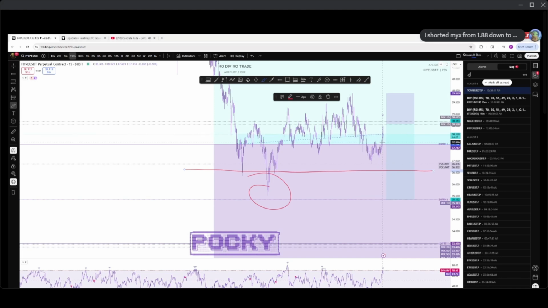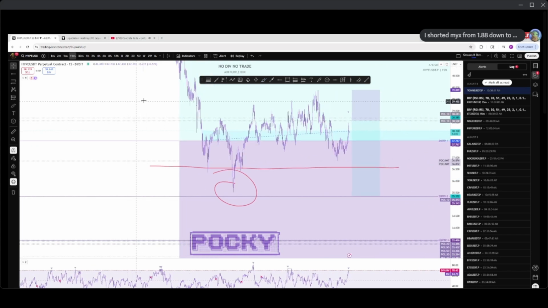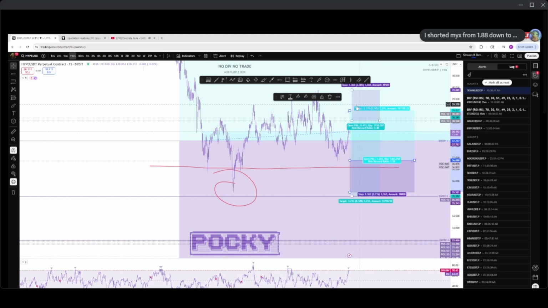So yeah, okay, we have some plays. Not too fond of the shorts down here. Could they be right? Yes. We also have some POCs here that we could do a C2R, so continuation to reversal. Why isn't it letting me get it? There you go.